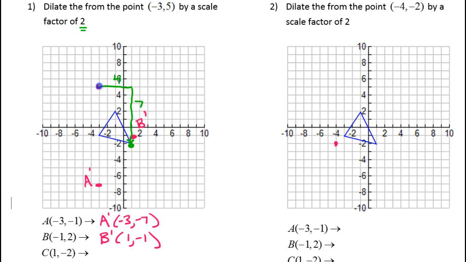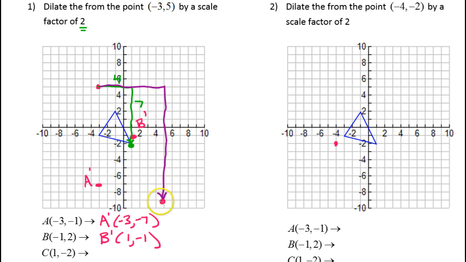So here I go. Starting from the center, I'm going to go right 8, so there's 4, and there's 8, and now I need to go down 14. So that should be here. That makes sense because this is 5 and this is 9, above and below the x-axis, so that's a total of 14.